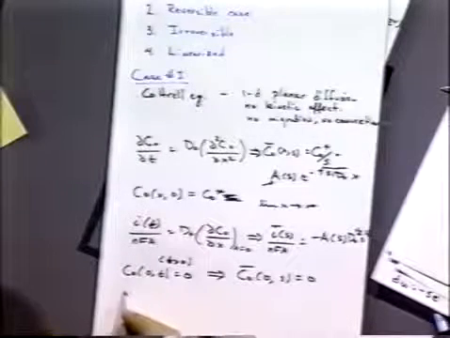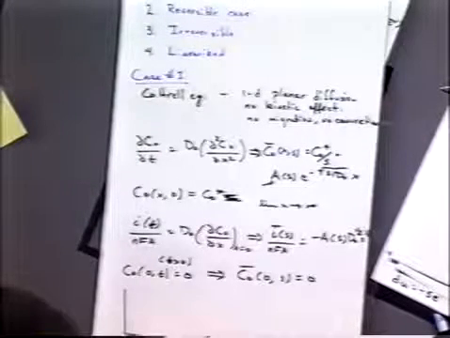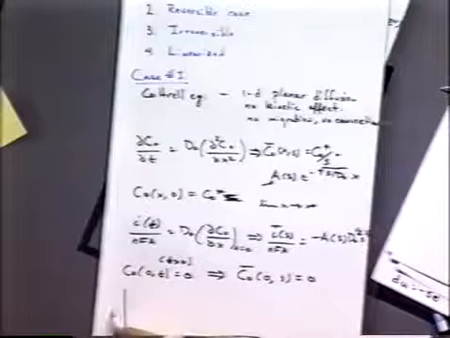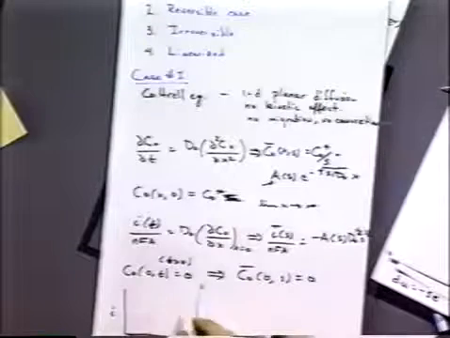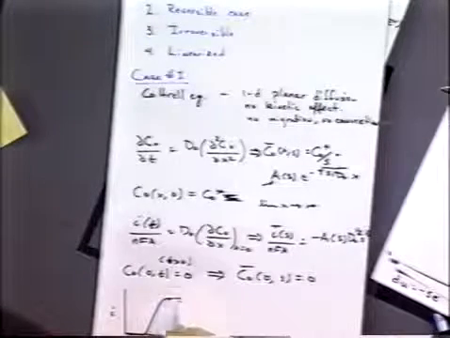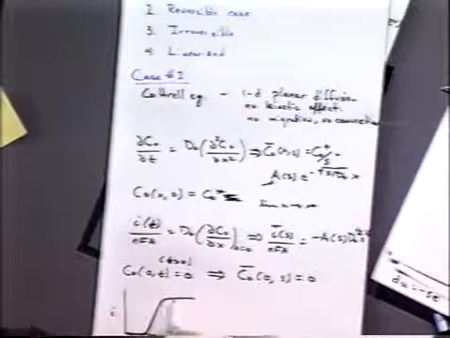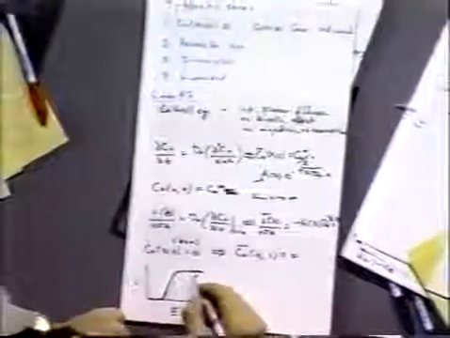Okay, the basic idea is this. If we have a current potential relationship, we're going to be essentially stepping on to this diffusion limited plateau.